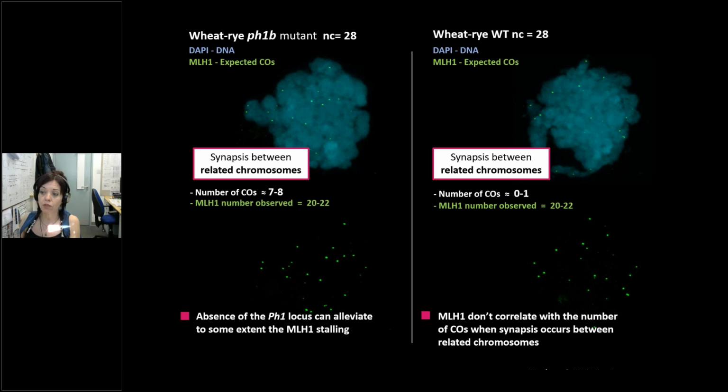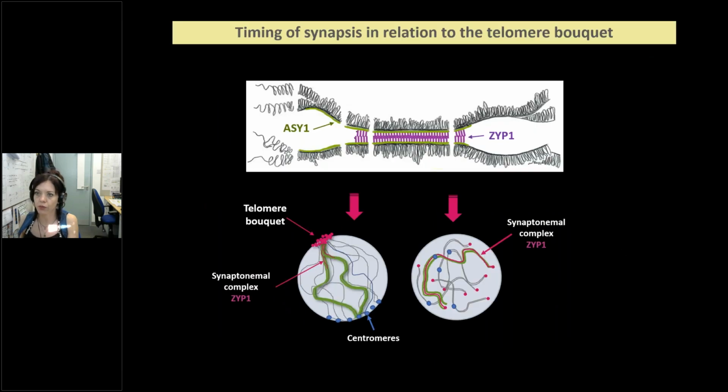However, in the absence of Ph1, some of these MLH1 sites manage to go further and crossover, which indicates that Ph1 deletion can alleviate to some extent these MLH1 sites stalling on related chromosomes. So based on these results and the results on synapsis, it seems that at least in the hybrids, Ph1 doesn't have a major effect on early meiotic events, and everything is the same whether Ph1 is present or not.